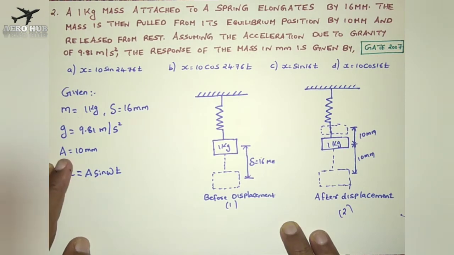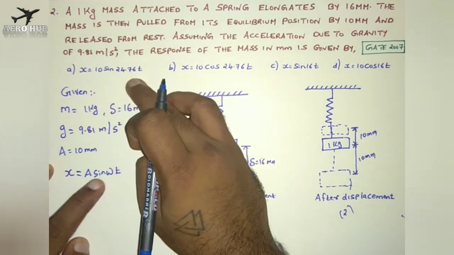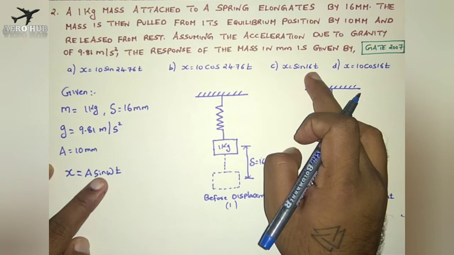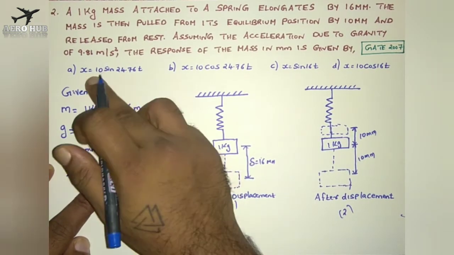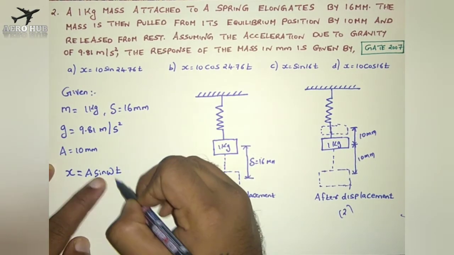So the amplitude is 10. In the options you can see we have option A, 10 sine omega t, and also option C, sine 16t. So we have confusion between option A and option C, and we have to find out the value of omega.